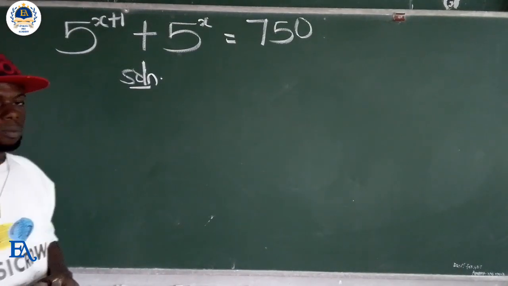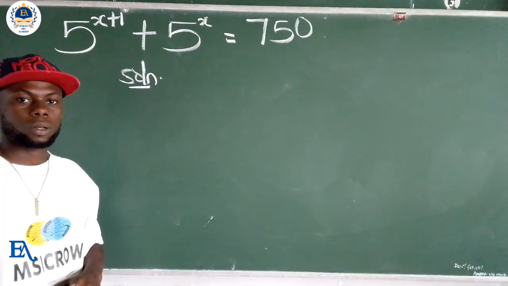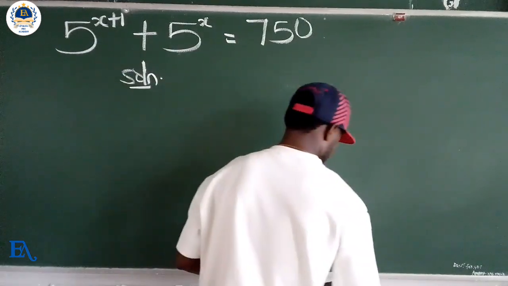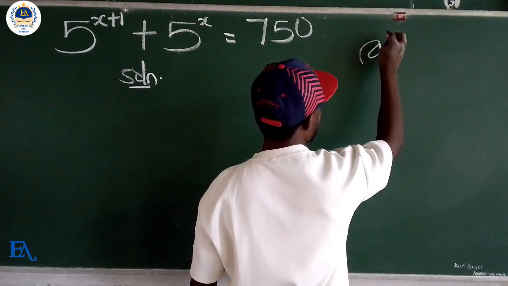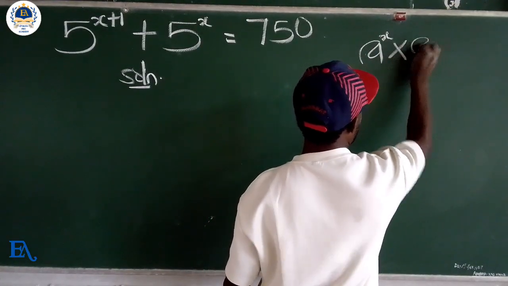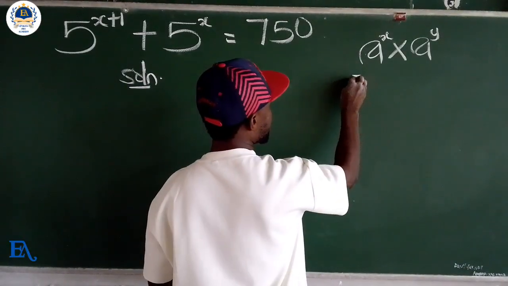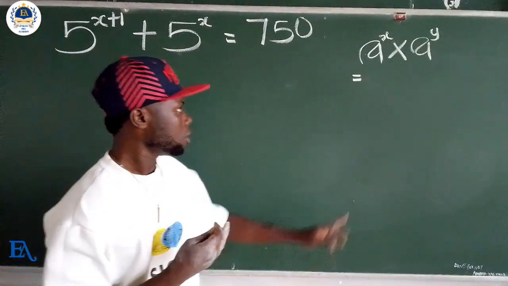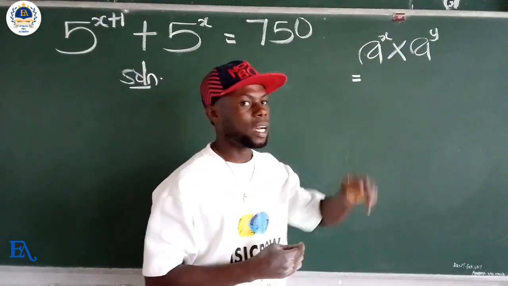Now there's a law we have to apply. The law is called the multiplication law of indices. Multiplication law states that if we have a raised to the power of x times a raised to the power of y, this is simply equal to, since the bases are the same, the power must be added.